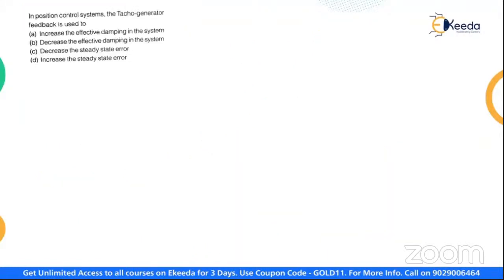Yes. Now let us see one more question. In position control systems, the tacho generator feedback is used to see. Tacho generator, always remember, make a note of it. Tacho generator is essentially nothing but what? A derivative controller.